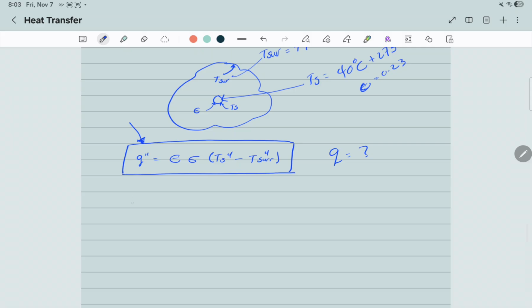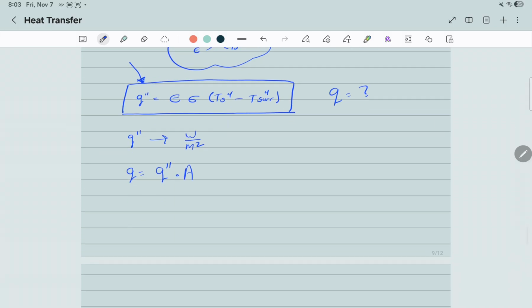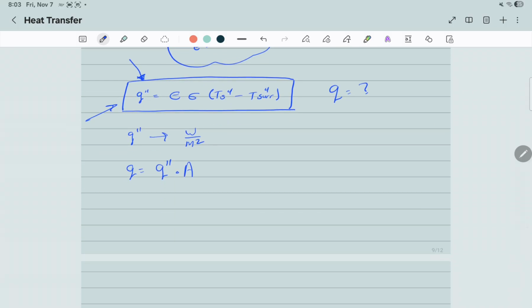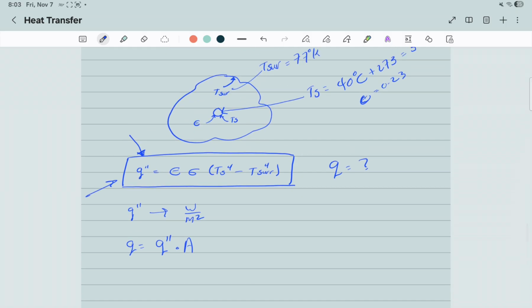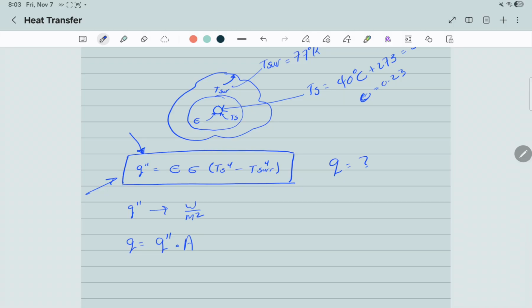Solve for Q, and Q double prime has the units of watts per meter squared. Therefore, Q equals Q double prime times area. Therefore, I need to use this formula but add an area to it. Times it by the area of the sphere that's emitting the heat. Okay, so this is the emissivity of the object emitting the heat, and this is the surface temperature, and the area is the area of the body emitting the heat.